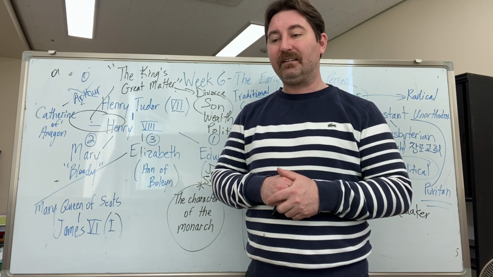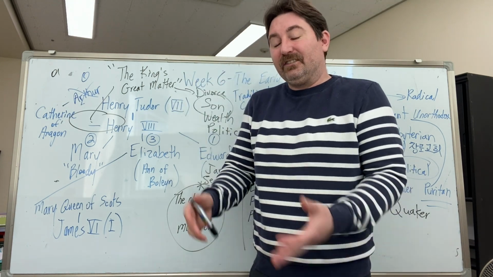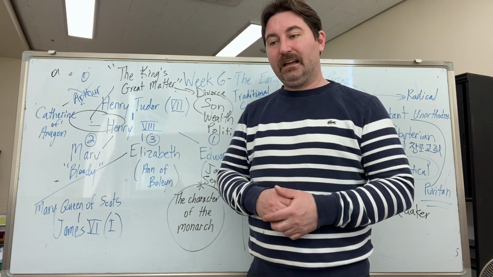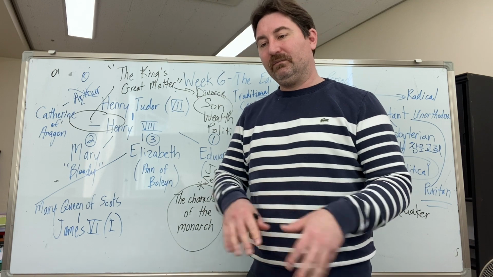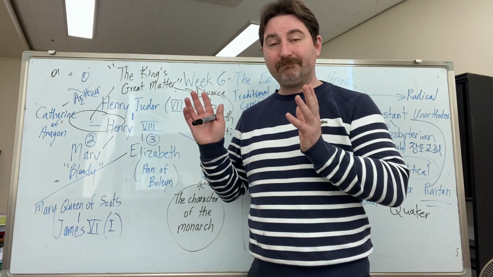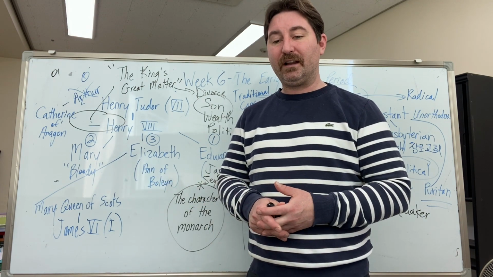And after that, their relationship is not going to go very well, and he doesn't get the boy that he wants. So him and Anne don't get along, and then she starts to sort of hang out with other guys, and he accuses her of cheating on him, of infidelity, and she's unable to defend herself.